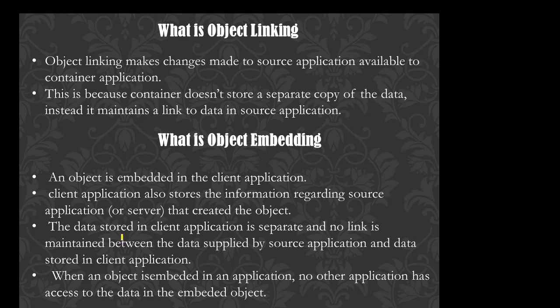The data stored in the client application is separate, and no link is maintained between the data supplied by the source application and the data stored in the client application. There is no link between these two, because it gives all the data stored in that file to the client application.